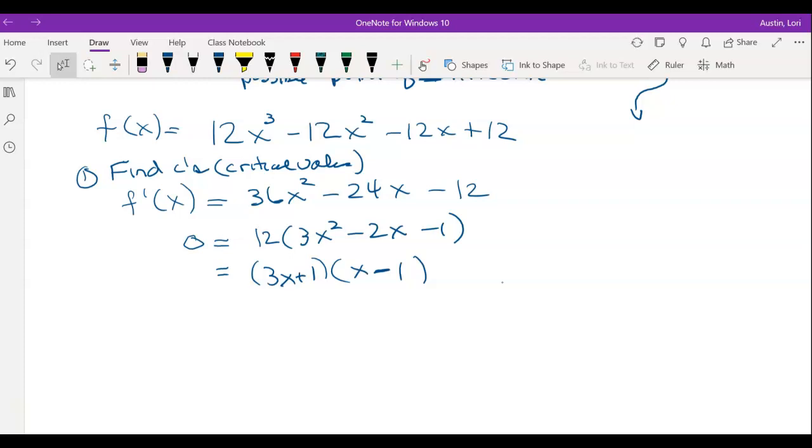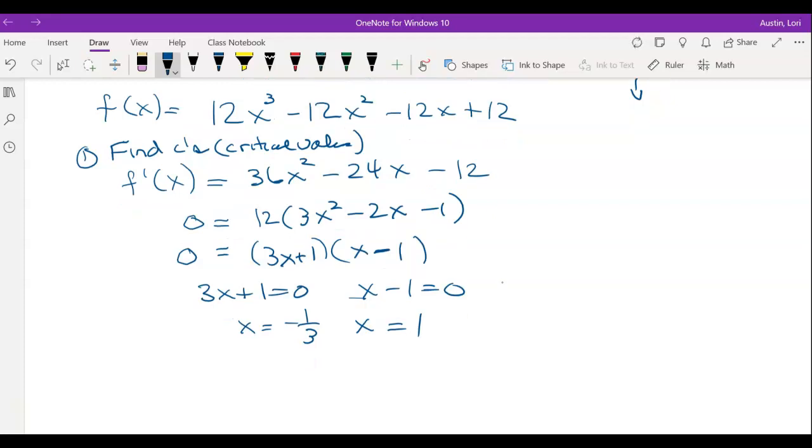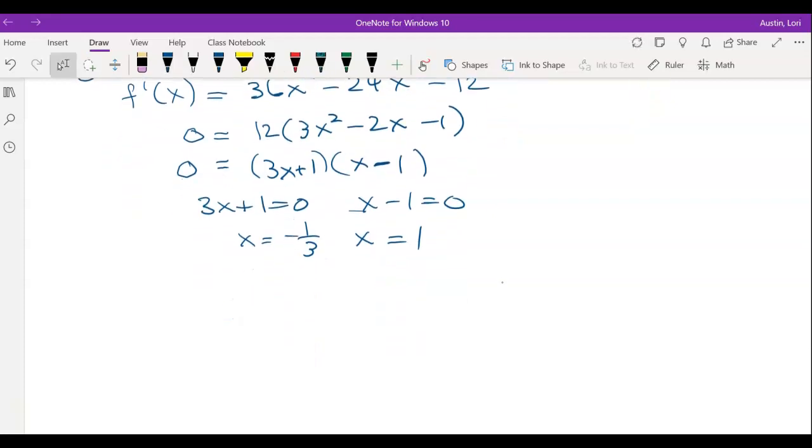So what are my values? Good. I'm doing this a certain way because that's what's going to lead you.